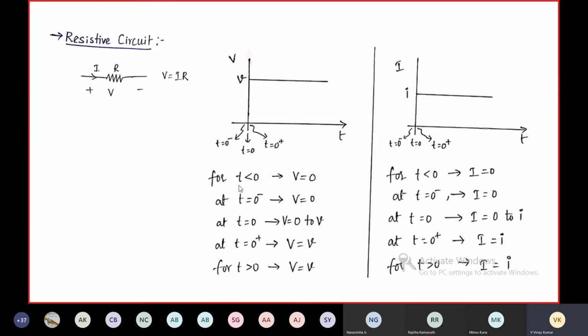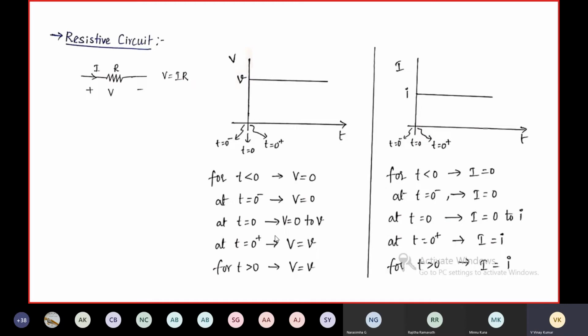For t less than 0, voltage is 0, no voltage is there. At t is equal to 0 minus, just before the change of voltage, V is 0. If you are applying voltage at t is equal to 0, then at t is equal to 0 minus the voltage will be 0.